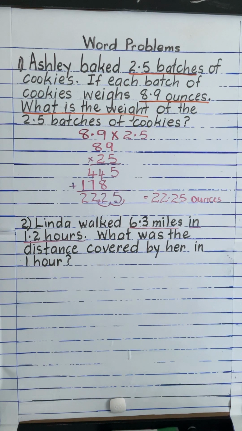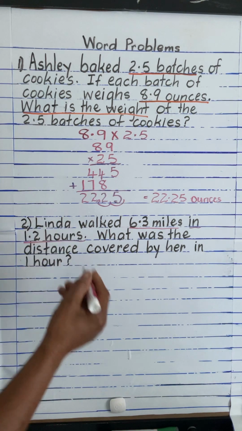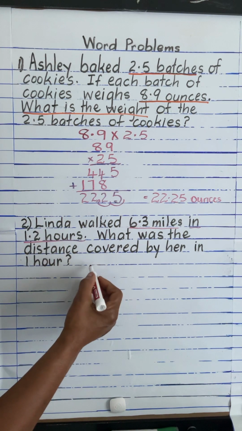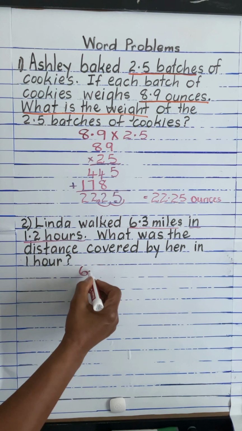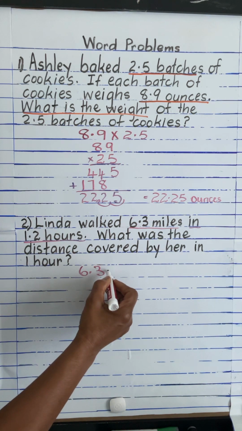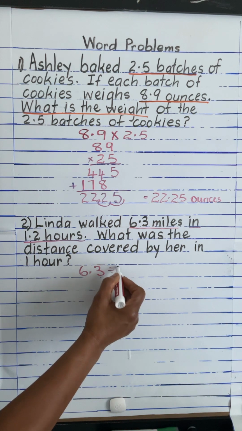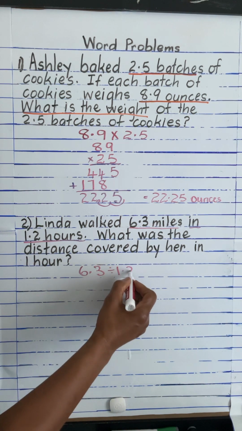What was the distance covered in 1? So you know we need to find 1, so we divide. So that would be 6.3 divided by 1.2.